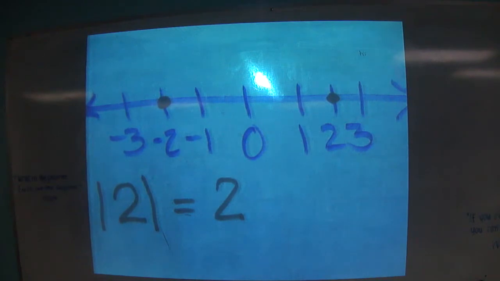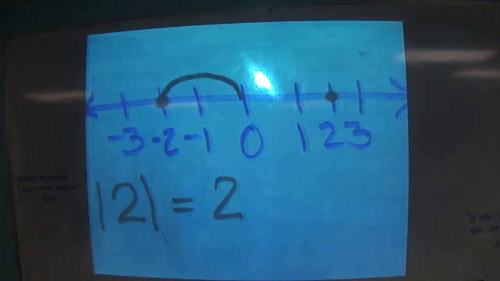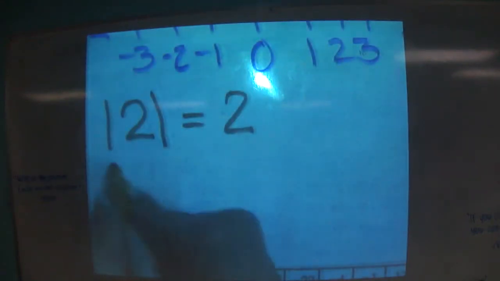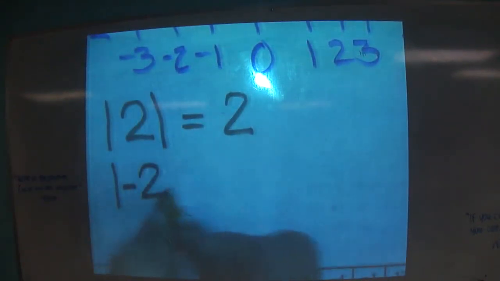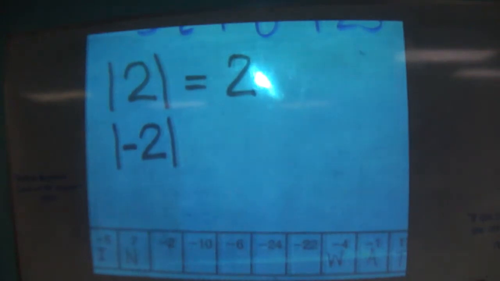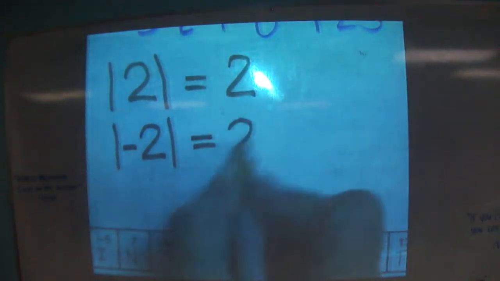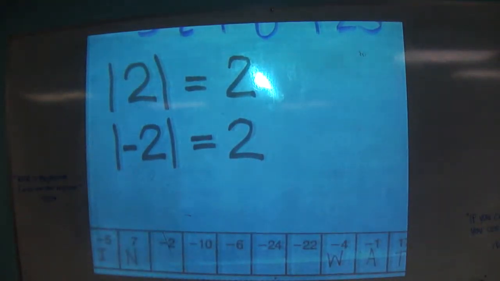Did you ungo? No. You still went that distance, don't you? You went from 0 to negative 2, but you still went. You didn't ungo. So the absolute value, or the distance from 0, of negative 2 is also 2.